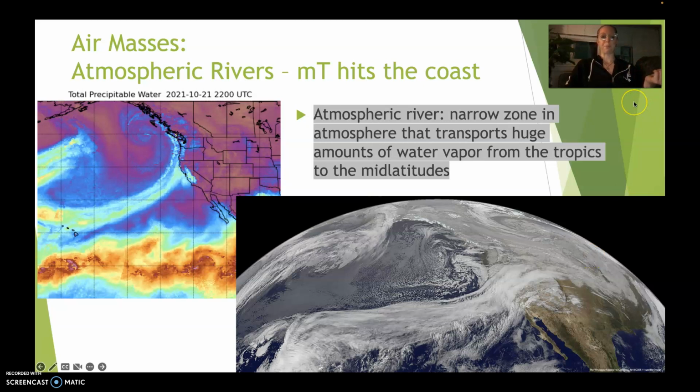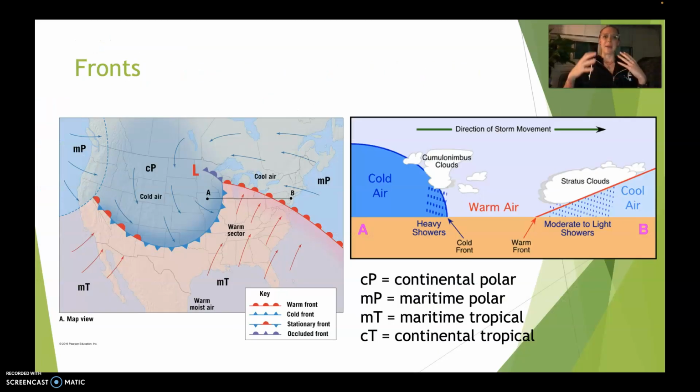It's really cool. So now we're going to also start talking about fronts, cold fronts and warm fronts, and what they mean and what they can bring forth. The reason why I needed to start with these air mass names is because when we talk about fronts, we're generally considering the type of air that's behind the front.